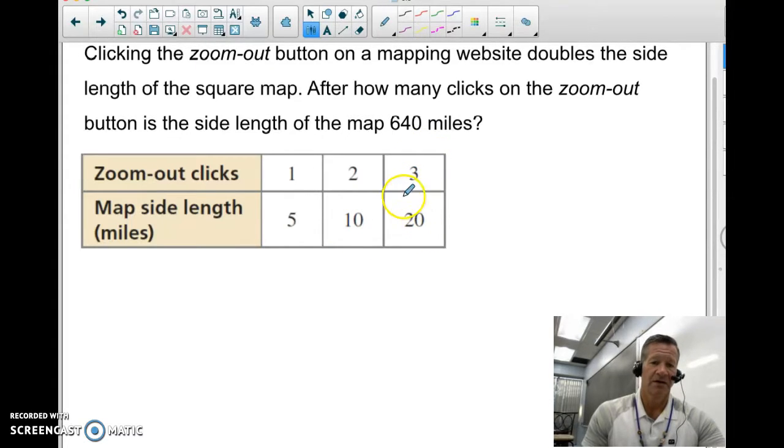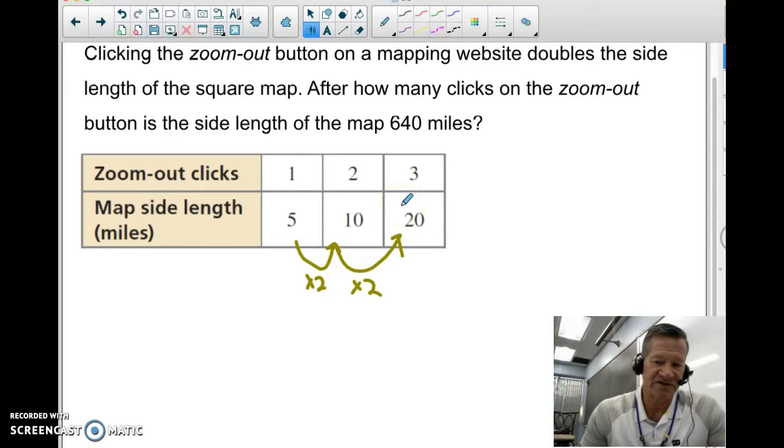Now, if you look at these map side lengths, we notice that every time I click to zoom out, it gets multiplied by 2. That's a geometric sequence. So the map sides are all increasing by a common ratio of 2.